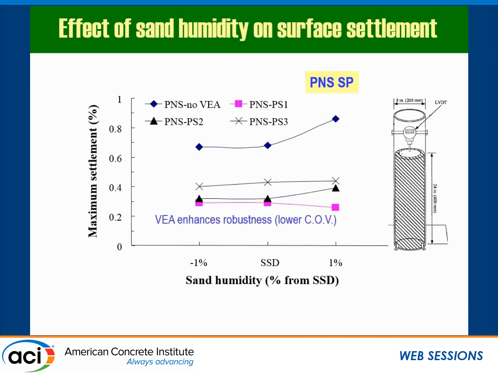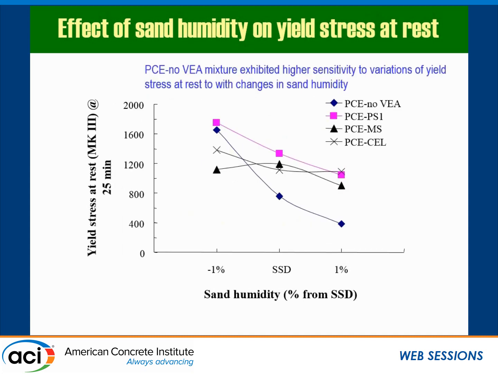This is concrete without any viscosity-enhancing admixture, PNS, and these are the PNS with the different viscosity-enhancing admixtures. One thing you see is that, first of all, the settlement is less than 0.5, which is the target value. And the second thing is the response is pretty flat. So it tells you that these concretes are more or less robust.